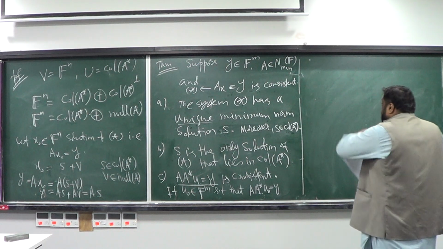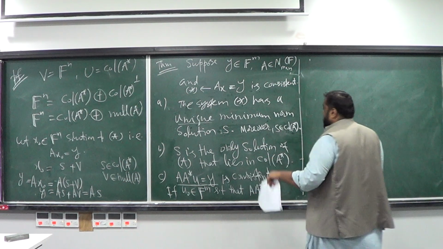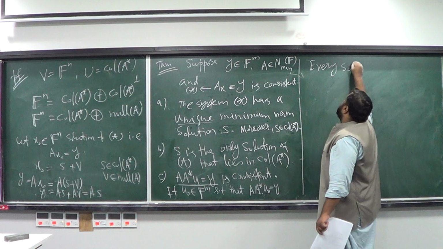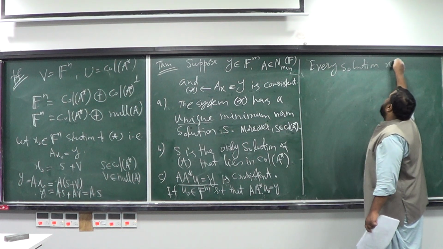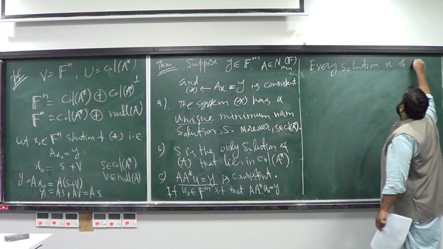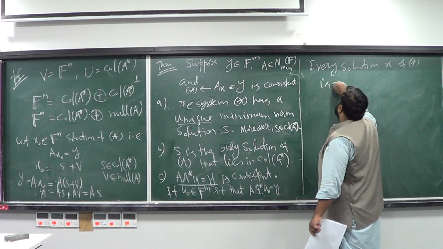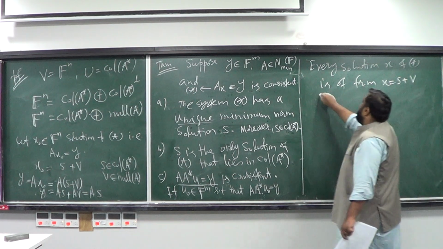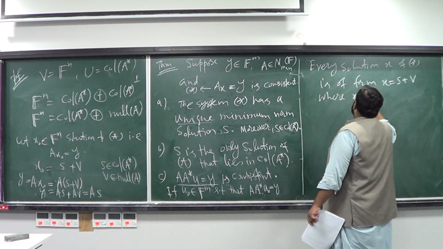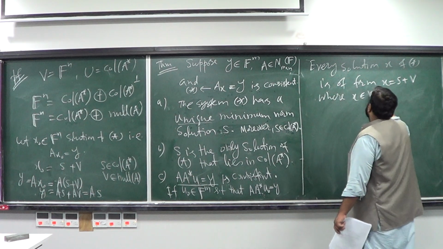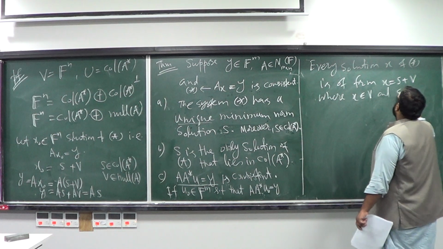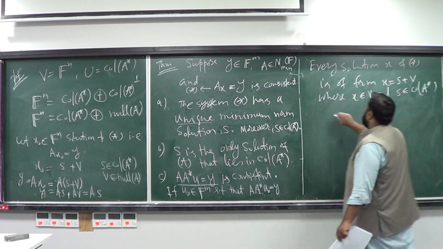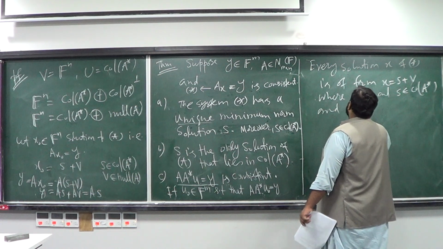Thus we can say, hence we can say that every solution x of A x = y is of the form x = s + v, where v belongs to the null space of A and s belongs to the column space of A star, and A s is equal to y.